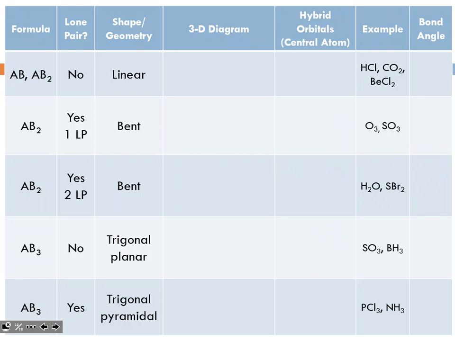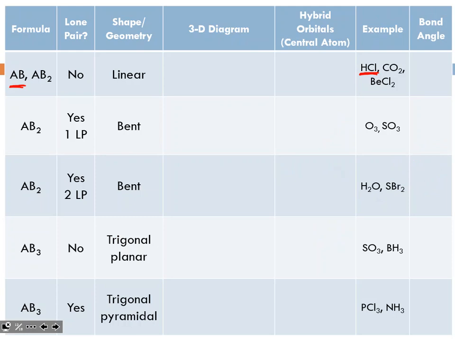So, for linear, we already kind of discussed in the little pre-lab exploring thing, the simulation. If you only have 2 atoms like A and B together, it can only form a straight line. There is no central atom on it, but they combine there like HCl.